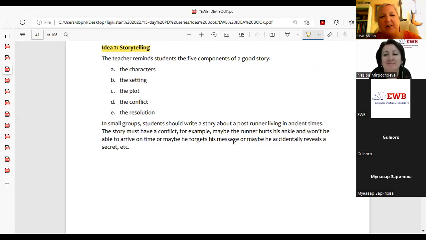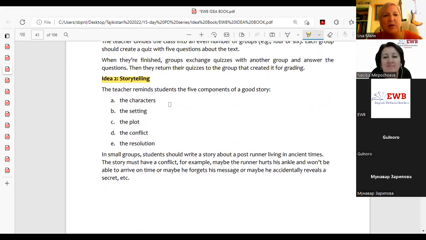So the story must have a conflict. For example, maybe the runner hurts his ankle and won't be able to arrive on time. Or maybe he forgets his message, or maybe he accidentally reveals a secret, for example. So this is taking something from the text that they've read and then using their imagination to expand upon it. And this is in a post-reading.